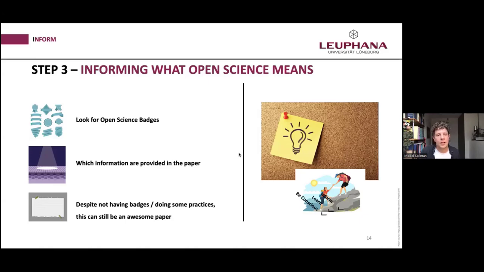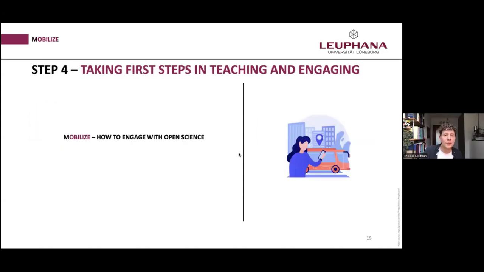Like I said, despite not having badges, they can still adhere to open science principles and it could still be a great paper. So based on being conscious, then learning how to reflect on the paper, then being informed about open science, we are halfway through climbing the open science mountain. The fourth step would actually be directed towards the teaching side.